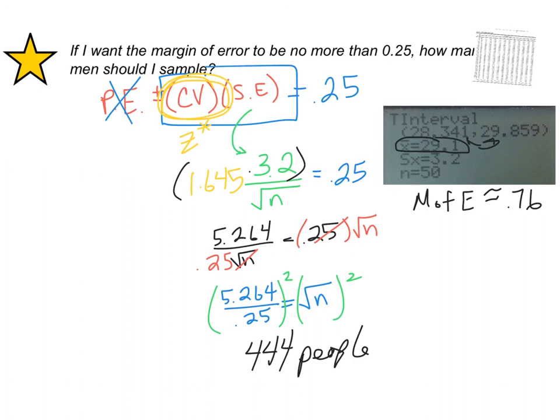Well, if they're already asking 1,500, is it really worth asking 6,000 to cut their margin of error in half? Is it really worth quadrupling a sample size to cut your margin of error in half? Oftentimes it's not. So that's why we make a reasonable approximation based on the easy sample size to get.